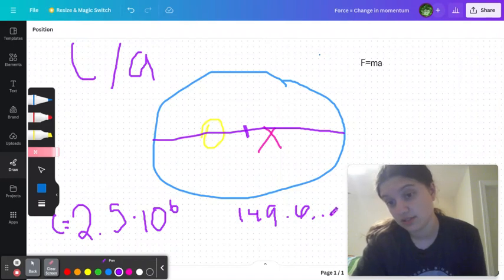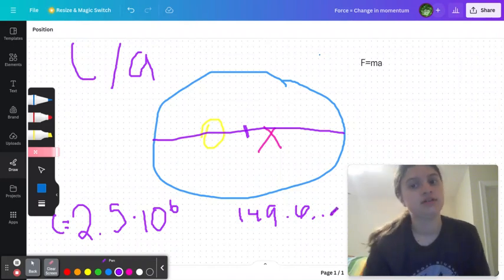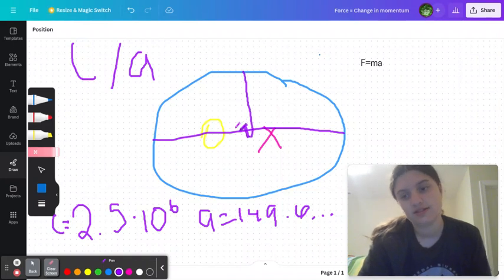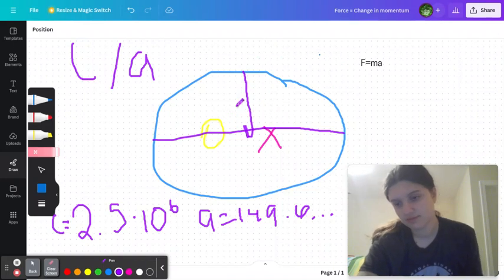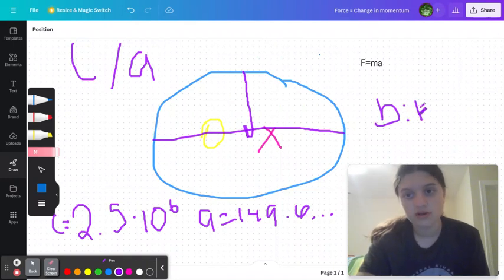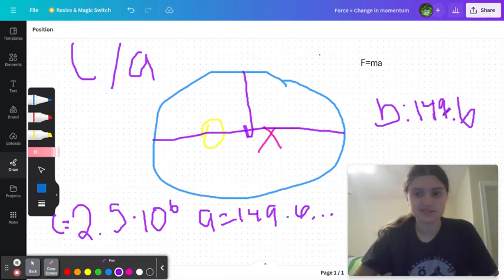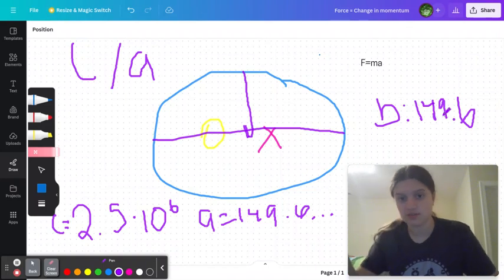I'm just going to say it's rounded down, because your b value, which is this distance, the minor axis, is going to be 149.6 rounded up. When I did it on the graph, I did 149.5 because I just wanted to show a little bit of variability, because they're not the same. You basically can plug this into an ellipse equation.